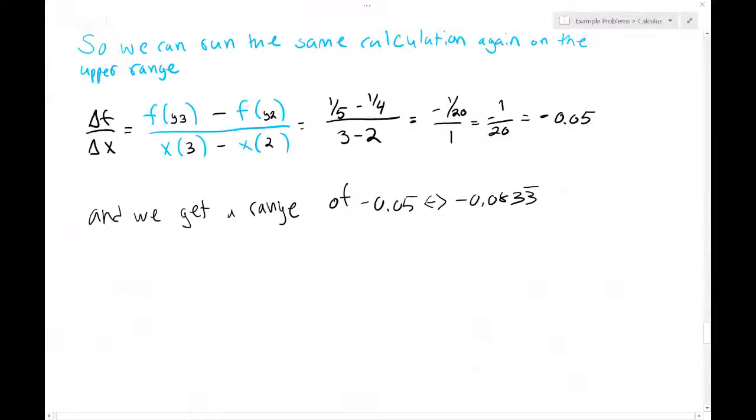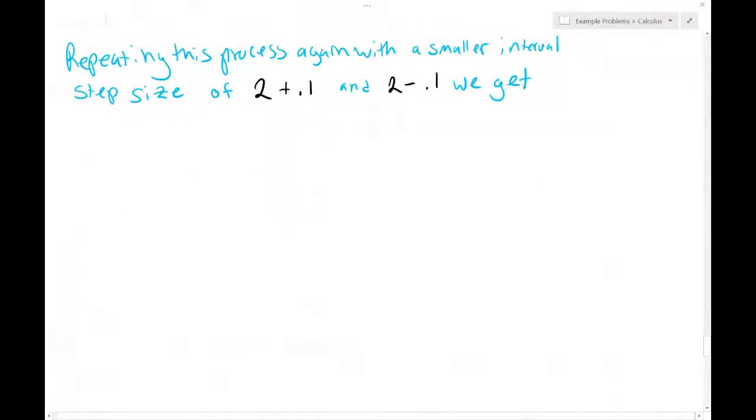We know that our instantaneous rate of change must lie between those two somewhere, because we're trying to find the instantaneous rate of change exactly at x equal to 2. We can repeat this process again with a smaller interval step size, and we'll use 2 plus 0.1 and 2 minus 0.1.